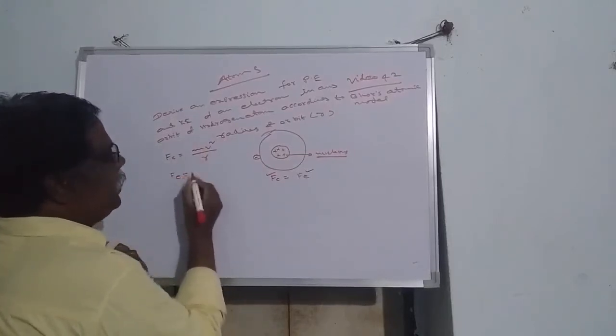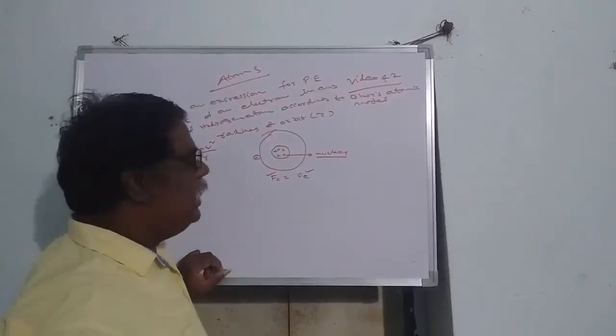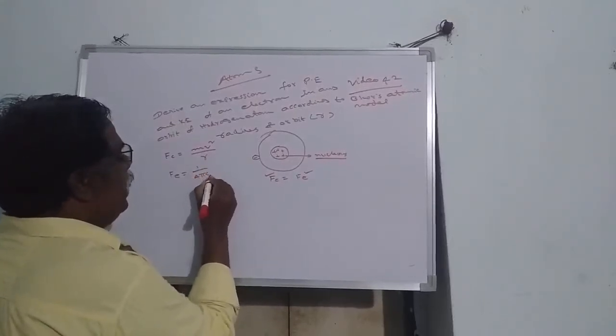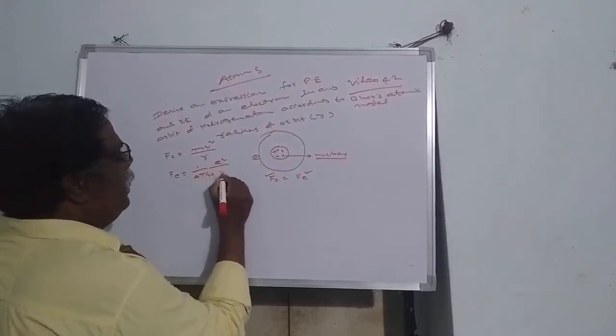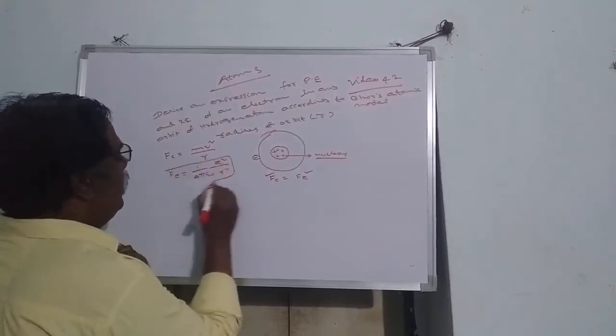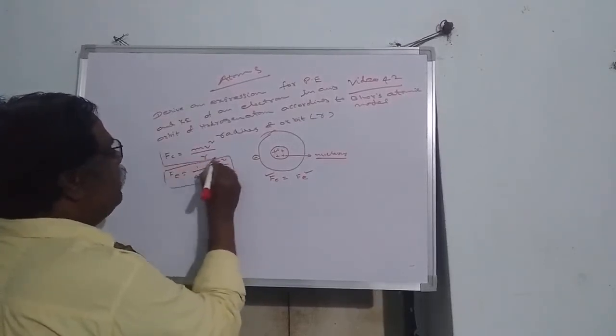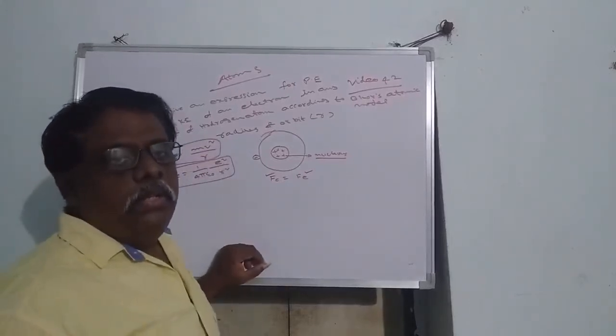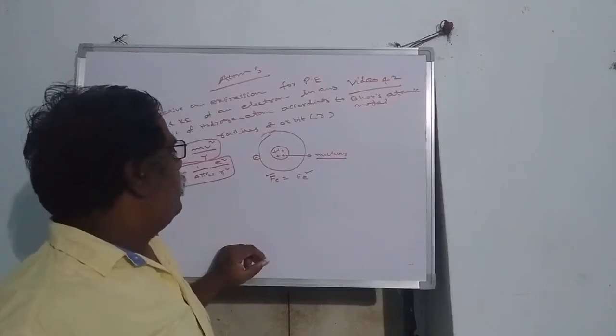Similarly, the electrostatic force supplied by this nucleus is 1 by 4 pi epsilon naught e square by r square. This is for electrostatic force. This is for centripetal force. So that means they are both equal and opposite.